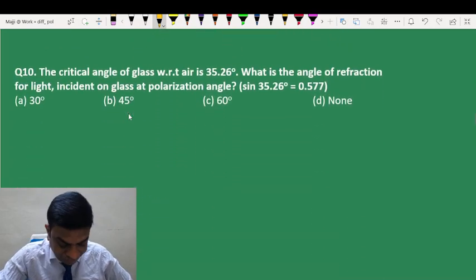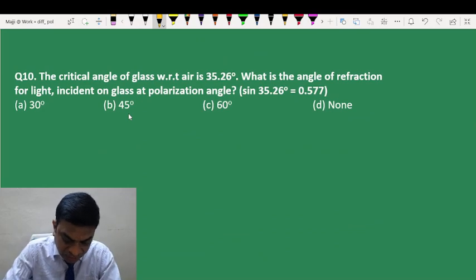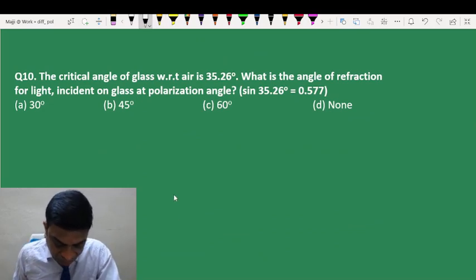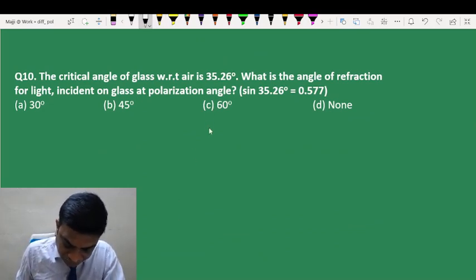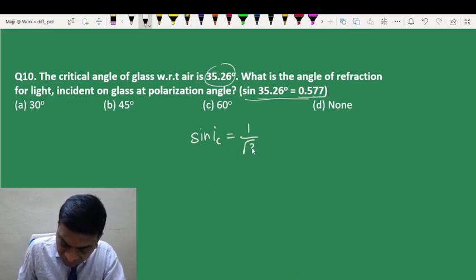Moving to the next question. The critical angle of glass with respect to air is this much. What is the angle of refraction for light incident on glass at polarizing angle? Now, sine of critical angle. See, this is the critical angle, students, and sine of critical angle is given as 0.577, which is actually 1 by root 3. You should understand this.